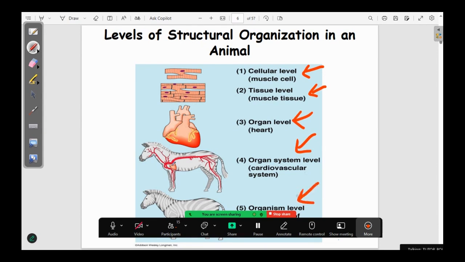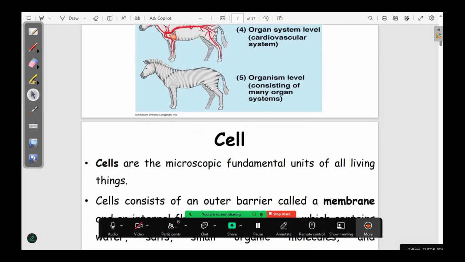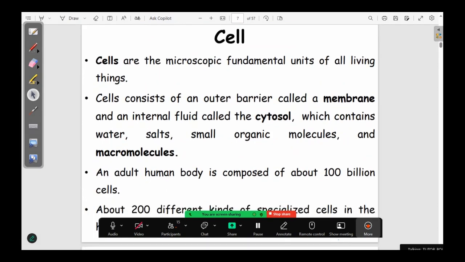So now let's look at the cell. We said the cell is the basic unit of all living things. Cells consist mainly of a cell membrane and an internal fluid called the cytosol, which is found in the cytoplasm.